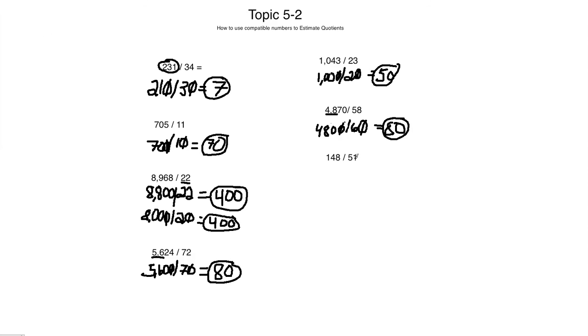All right, so 51, I would estimate to 50. Now I'm looking at these first two digits. Can 5 go into 14? No. But 5 can go into 15. So I'm going to make it 150. Cross out the zeros. And my quotient is 3.